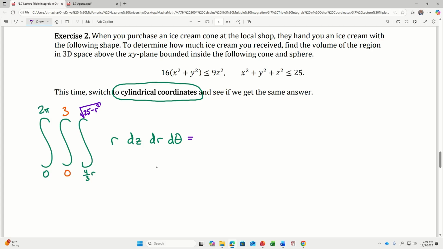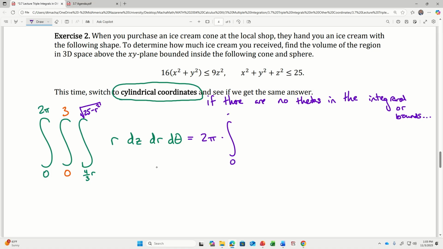Once again, we notice since there are no thetas in the integrand, and no thetas in the bounds, then we just multiply by 2 pi. And then I have the integral from 0 to 3.